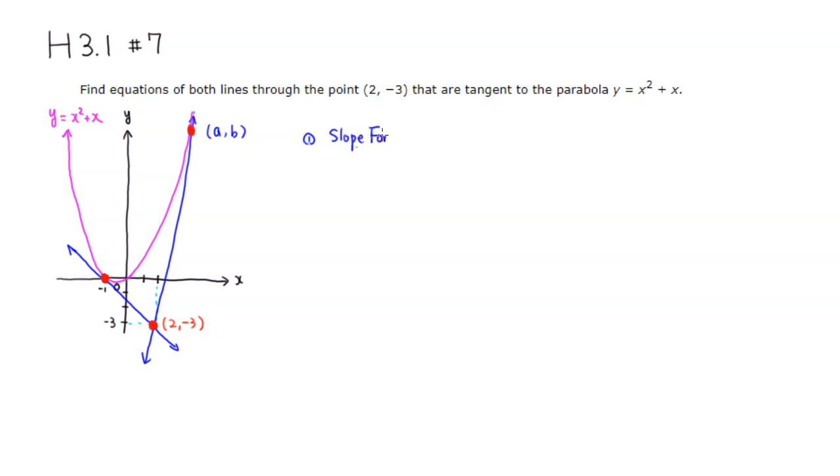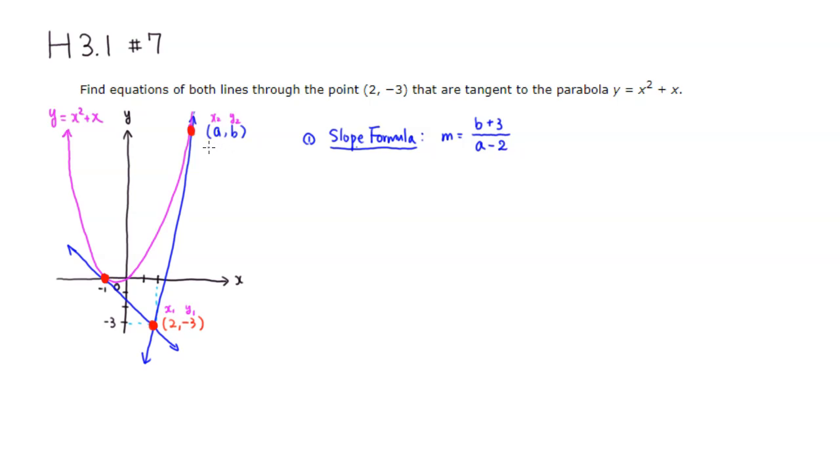The slope m is going to be, think of this as x1, y1, and this as x2, y2. So y2 minus y1 is b minus negative 3, so b plus 3, over x2 minus x1, which is a minus 2.